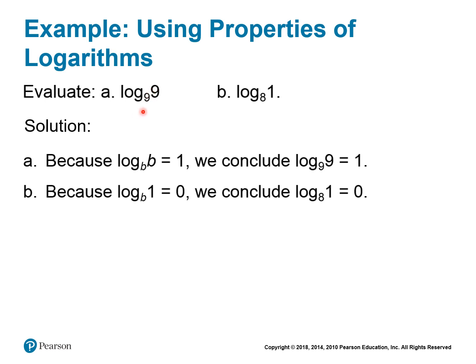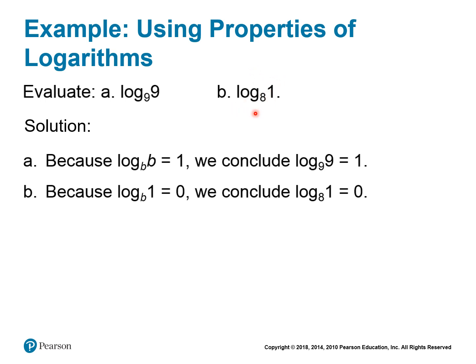Whether it's 9 or 10 or 20 or no matter what the values are, as long as the subscripted value and the number next to it are the same, then we know that the answer is going to be 1, because 9 raised to the power 1 will give us a 9. So the answer in this case is a 1. So because log base b of b equals 1, and we see that here the subscripted value is a 9 as well as the value next to it is a 9, our answer will be equal to 1.